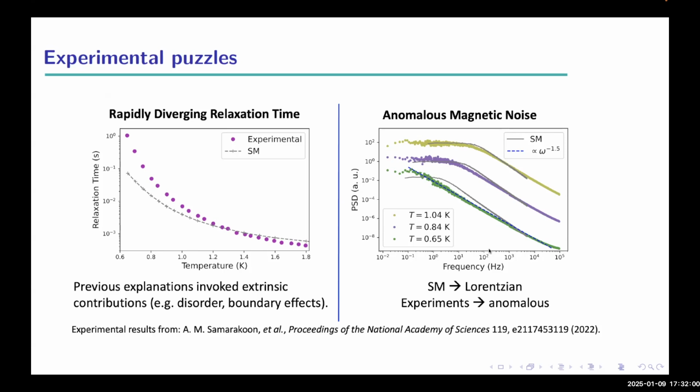But then these experiments that Alan motivated and also recognized the importance of came along. So here you see the power spectral density of the magnetic noise. So you can think of this as being proportional to the frequency times chi double prime. And if you just have randomly flipping spins, you get this kind of shape.